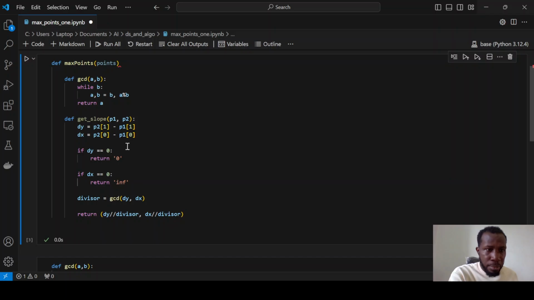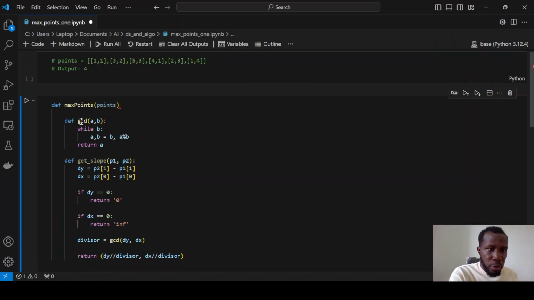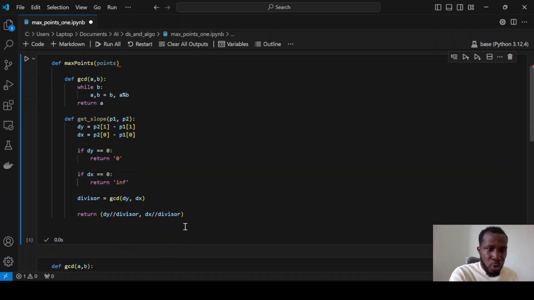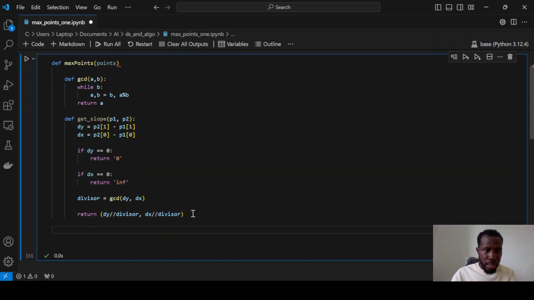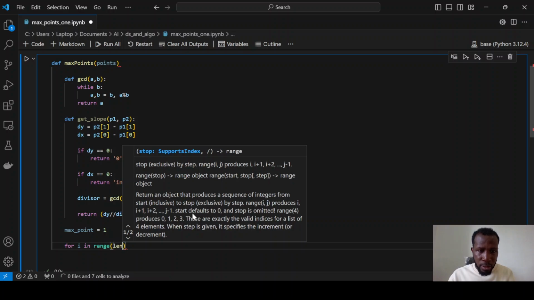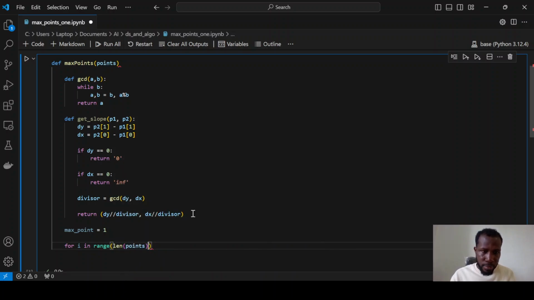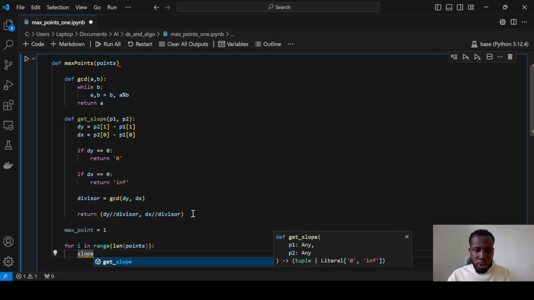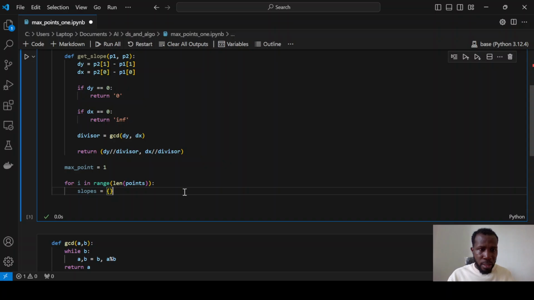So in this particular one, we have the two functions, GCD and get slope. So the maximum points here will now come in. We have the maximum points equal to 1. Then we continue for i in range of the length of the points. Then we have a collection of our slopes for each of the points.